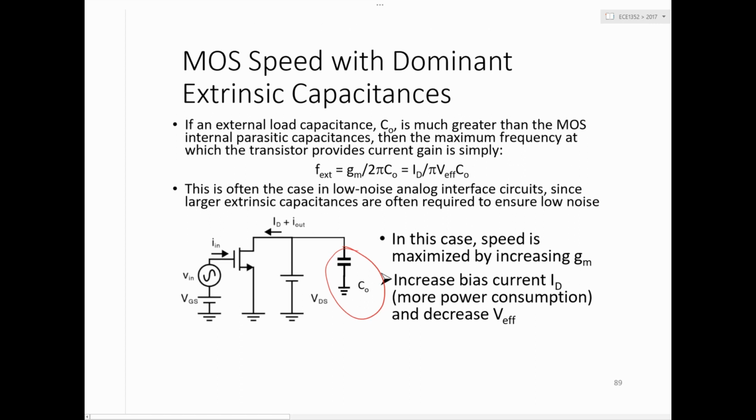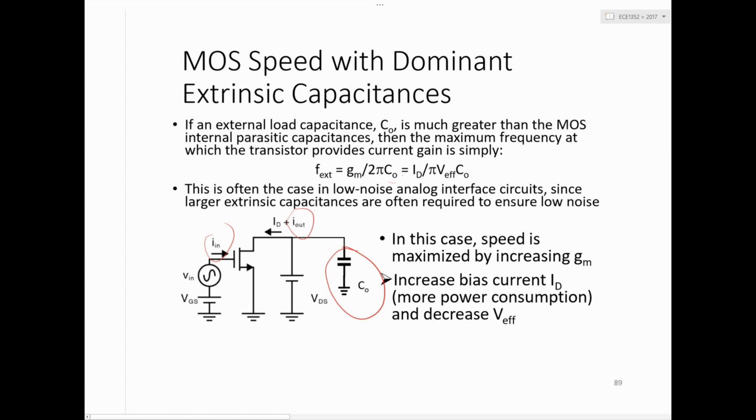This situation I'm referring to here is the extrinsic gain bandwidth, or the extrinsic speed, because unlike the intrinsic parasitics of the transistor, this one depends on a load that's extrinsic to the transistor itself. So in this common case, you see that the unity gain frequency that relates I in to I out now depends very much on the load.